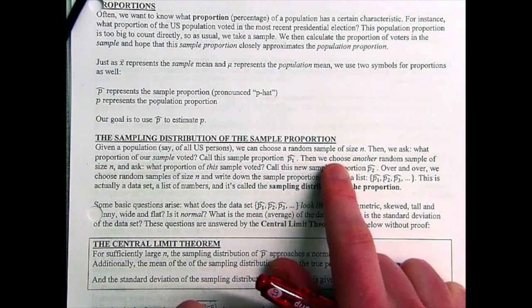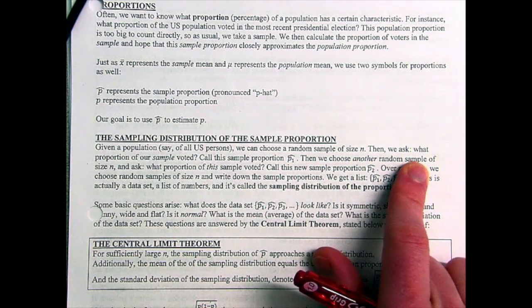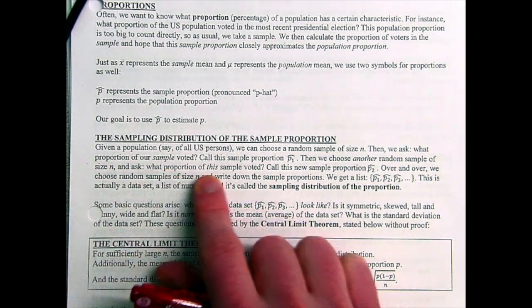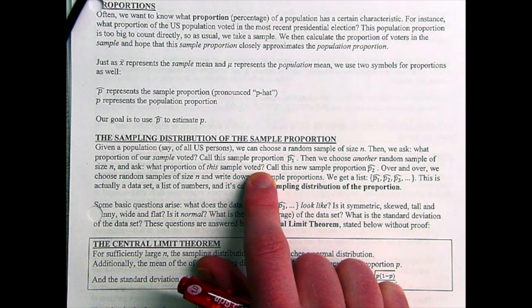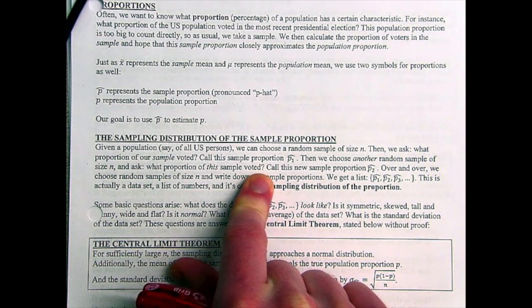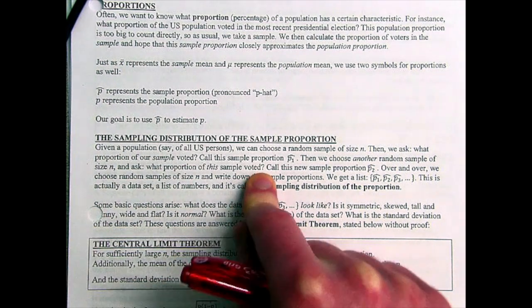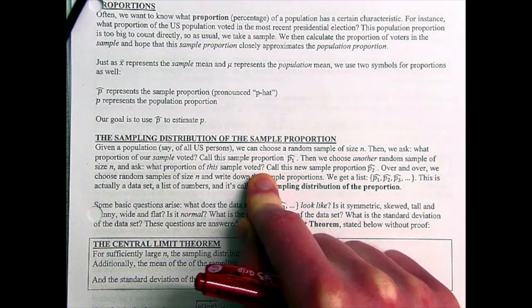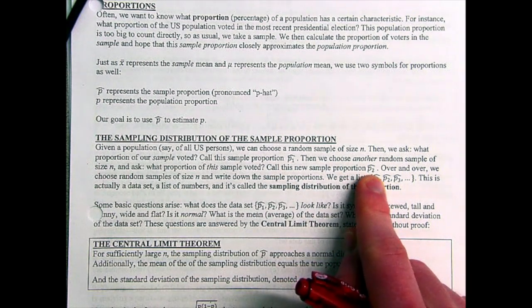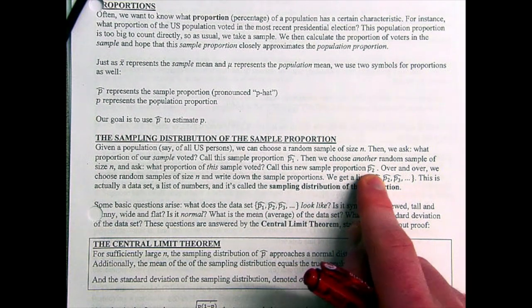We choose another random sample, again of size n, and we ask what proportion of this sample voted. Now, that's probably going to be a different sample proportion, right? There's just some randomness involved. You're not going to get exactly the same proportion as the first time. So we call this new sample proportion p2 hat, the second sample proportion.